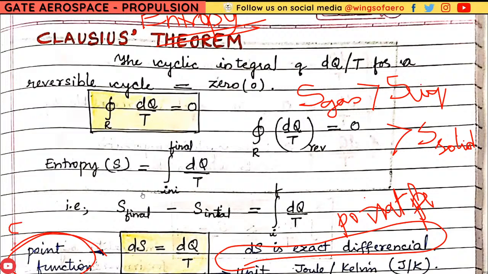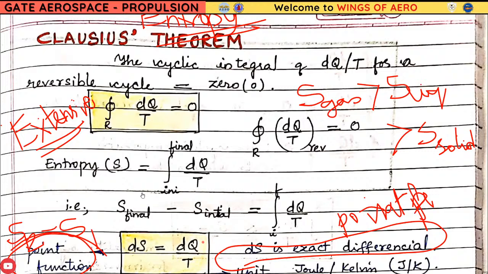That means when we are differentiating, it will be S2 minus S1. Whenever you are reading the property, remember, sorry, it is an extensive property. So this is the equation for entropy.